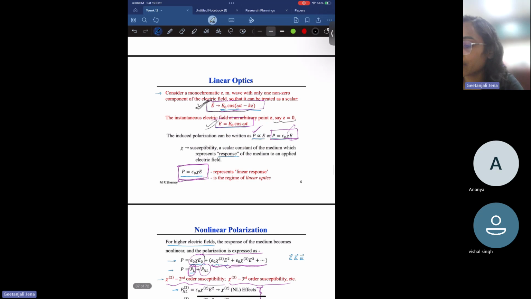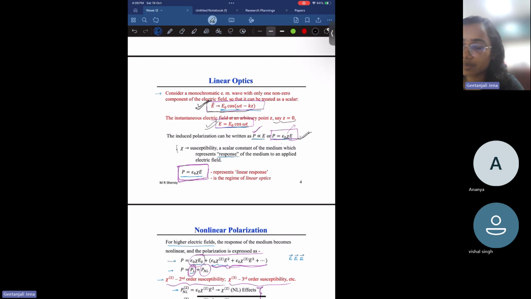When we have polarization in the medium in the presence of this small electric field, we can write P equal to epsilon chi into E. This is the linear part. And chi is the susceptibility, which is a scalar constant of the medium for a linear material, but when you consider nonlinearity, it will be a tensor of higher order.